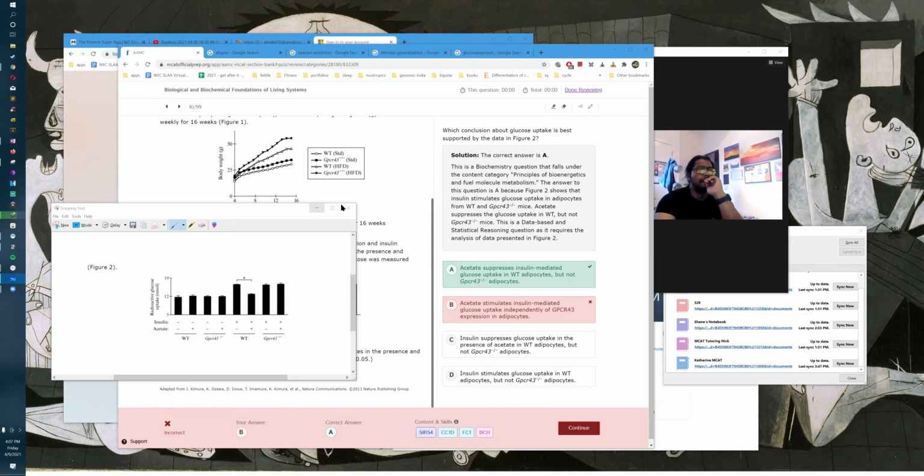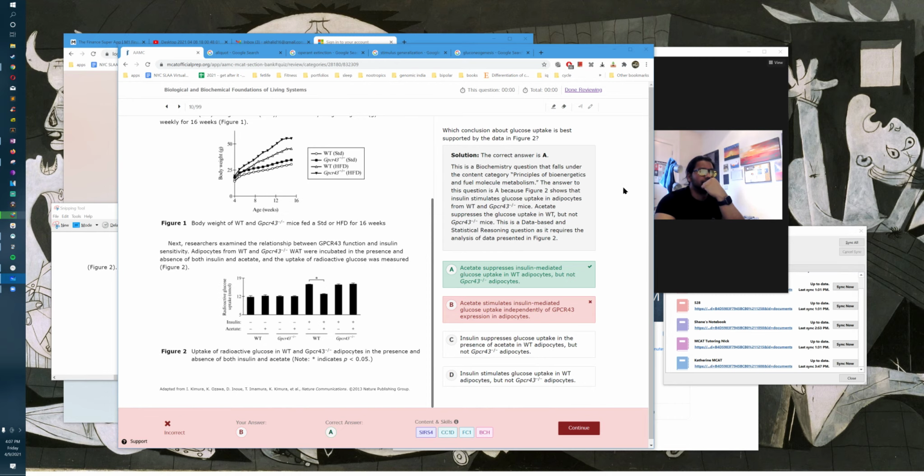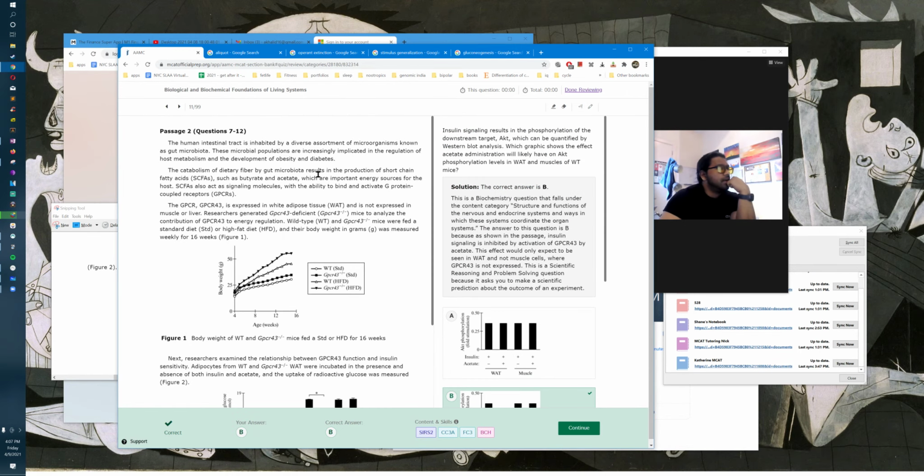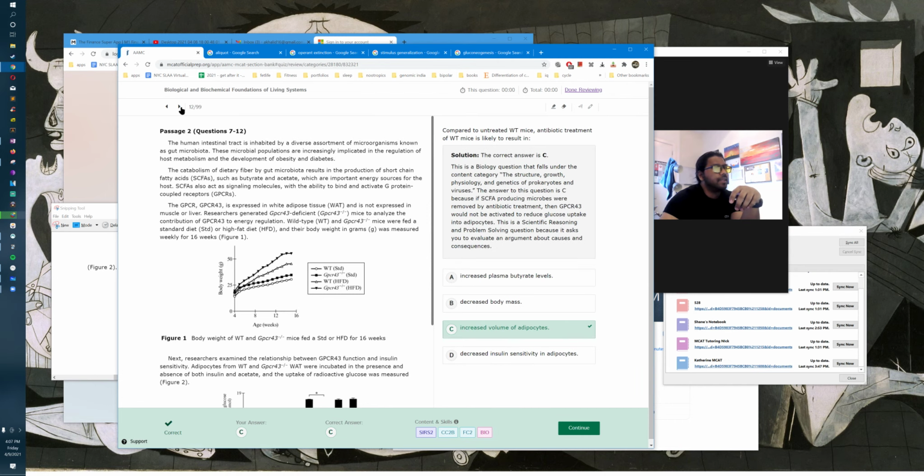And then question 12, it's also related to that passage. Compared to untreated wild-type mice, antibiotic treatment of wild-type mice is likely to result in... All right, let's see.